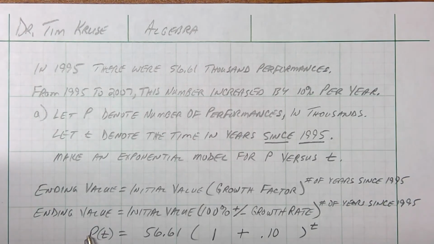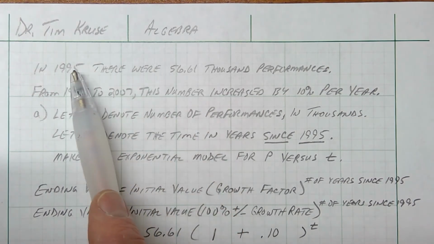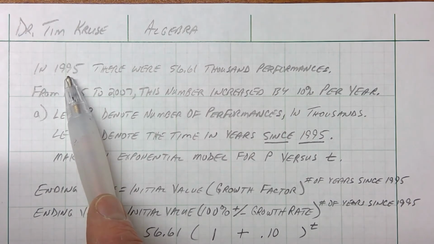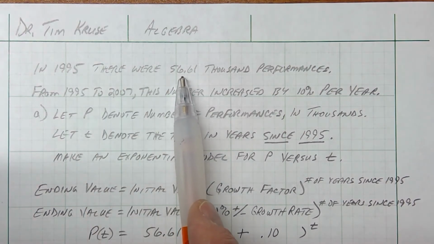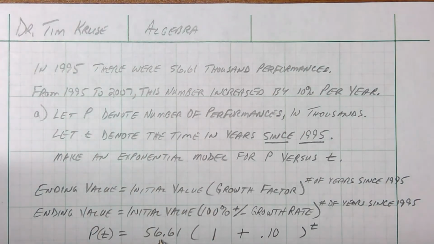All right, so the number of performances in terms of how many years have gone by is what I started with, 56.61. That's my initial value. When they started measuring this in 1995, there were 56.61. So that's my initial value times 100%, that's 1, plus the growth rate, because it's growing.